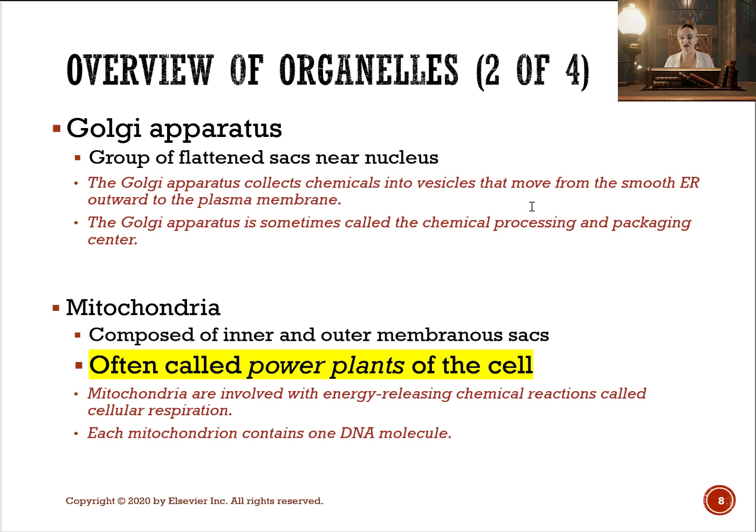These are composed of inner and outer membrane sacs, often called the power plants of the cell. Mitochondria are involved with energy-releasing chemical reactions called cellular respiration, and each mitochondrion contains one DNA molecule. So mitochondria are quite important, these power plants of the cell.